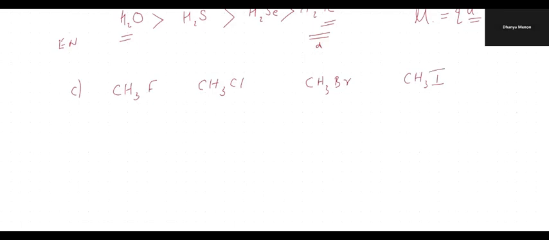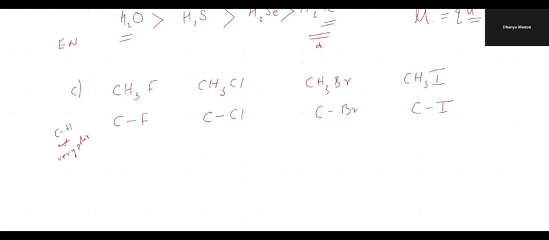Now, if we have to consider the dipole moment between them, so this is between carbon and fluorine, carbon and chlorine, carbon and bromine, and carbon and iodine. Okay, now the CH bond is not very polar, so for now we ignore them.